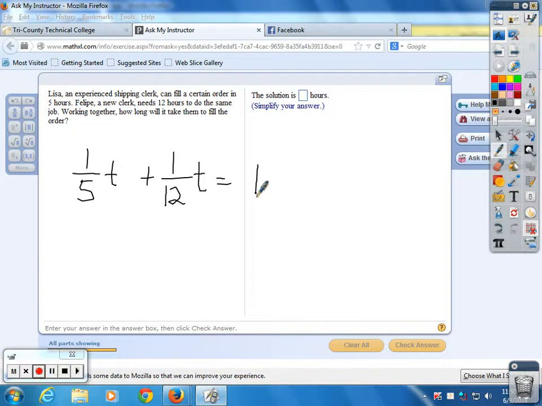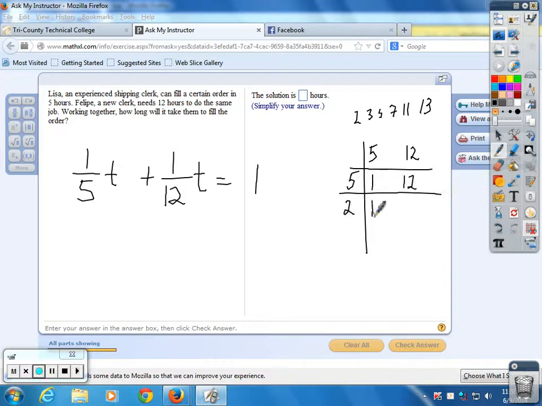Common denominator of 5 and 12. Let's do that. 5 and 12. I'm just checking. 2, 3, 5, 7, 11, and sometimes 13. 5 is 1 and 12. 12 is 2 and 6. 6 is 2 and 3. 3 is 3 and 1.